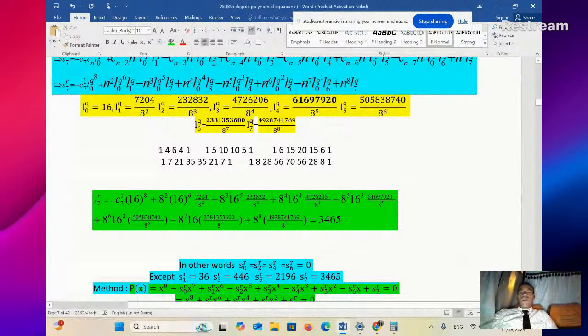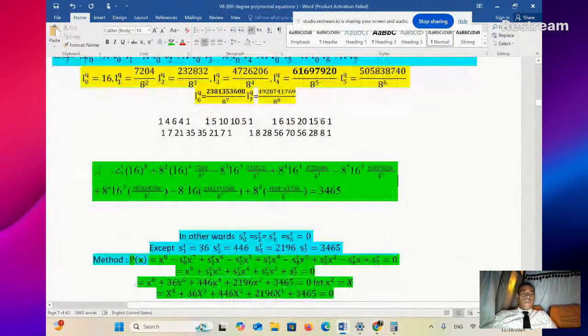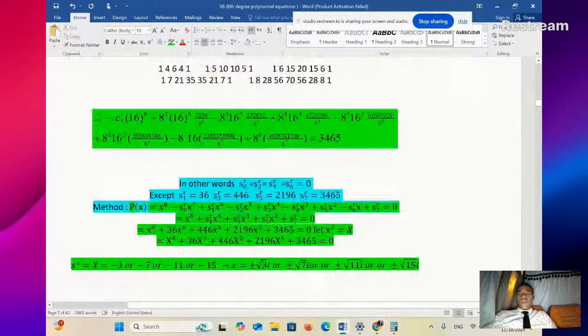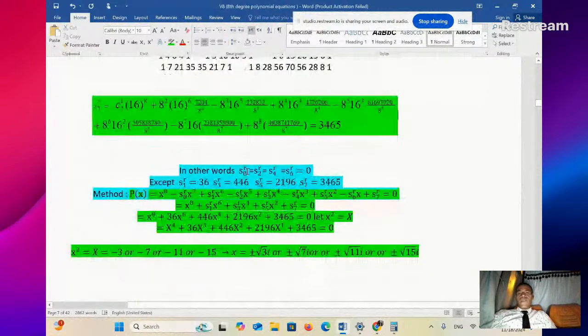Now, learners, I'm going to write this differently. In other words, you can see S0 is actually equal to S2, equal to S4, equal to S6, equal to 0, okay? But except S1 is 36, S3 is 446, S5 is 2196, S7 of all the r is 3465.